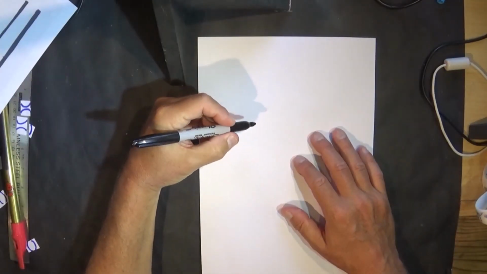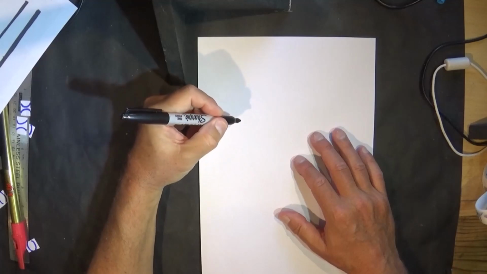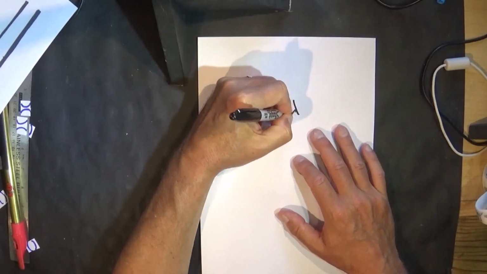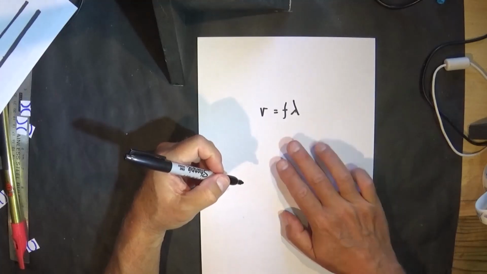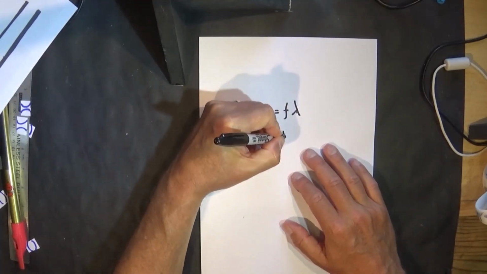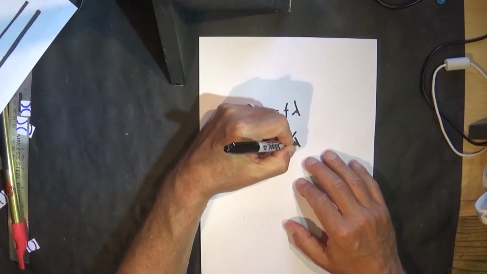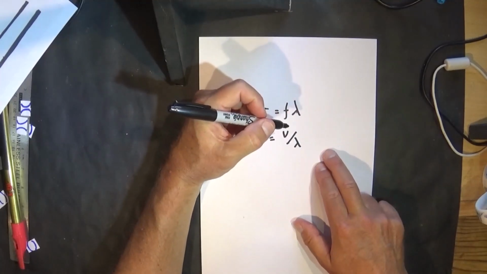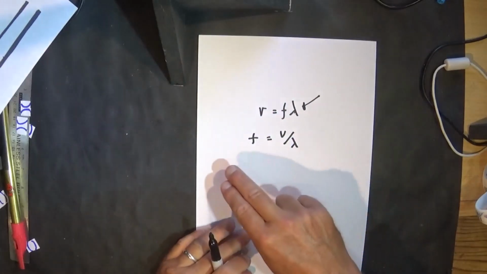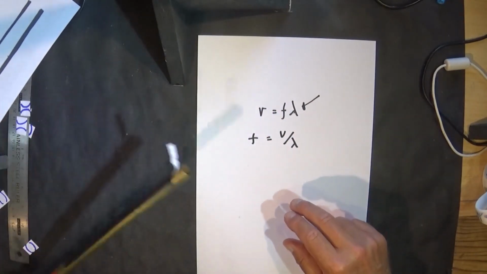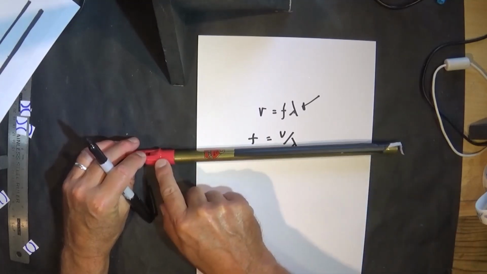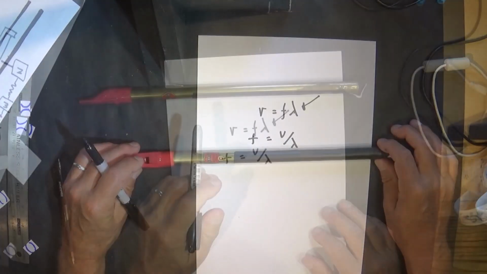Okay, so for a wave in a medium, V, the velocity, equals F, the frequency, times lambda, the wavelength, and we want the frequency. So F equals V over lambda. Now the lambda is, well, we get a positive pulse and then a negative pulse.